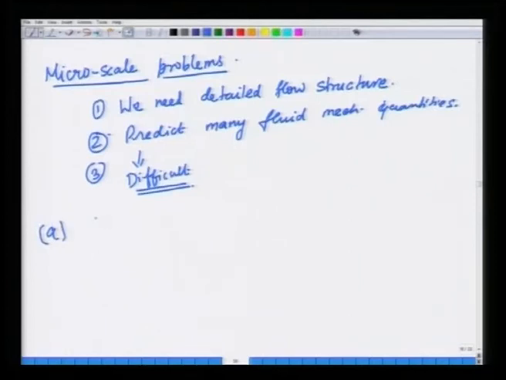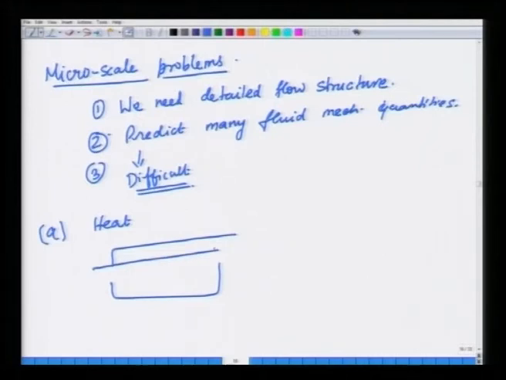For example, let us consider heat exchange equipment. A double pipe heat exchanger is where you have a pipe that is going in.